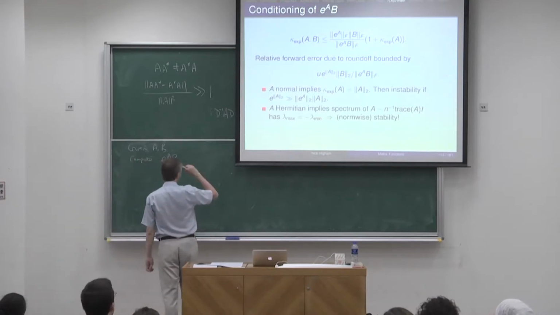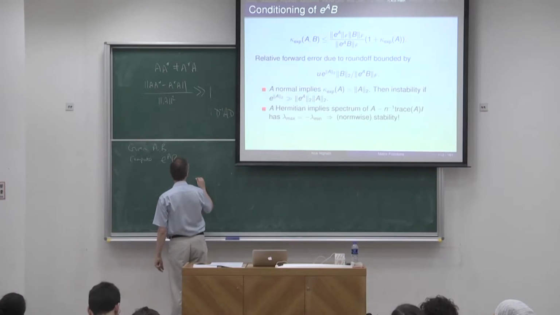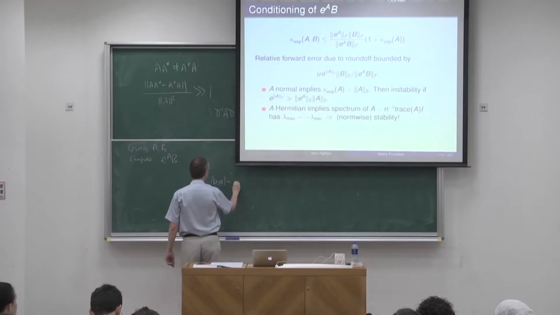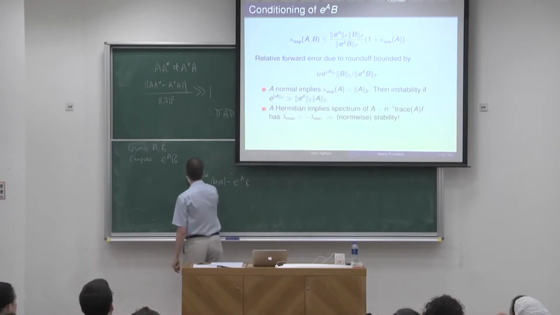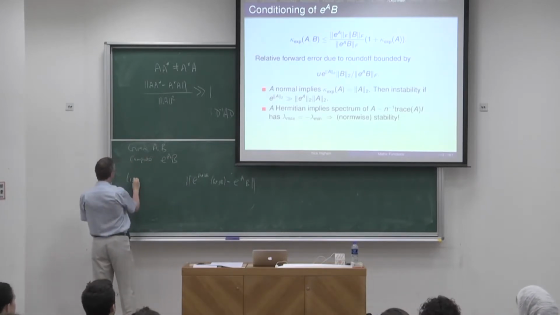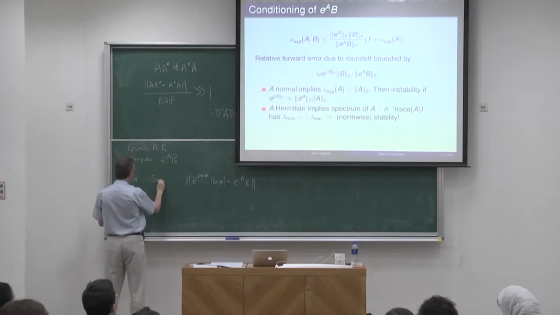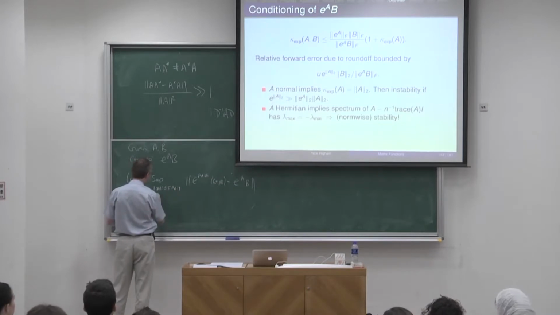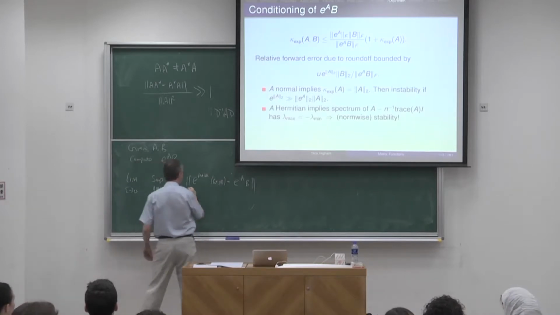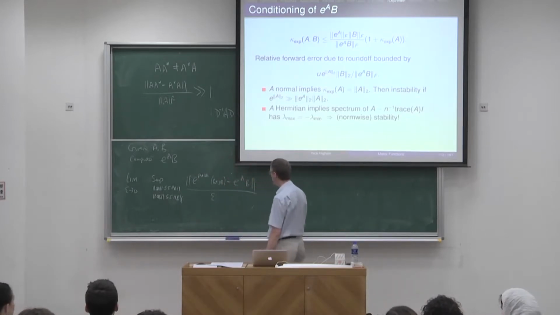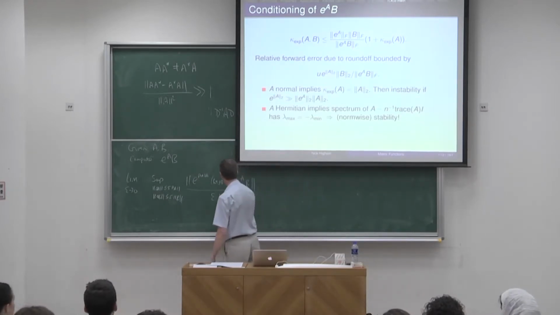I've not written it on the slide, but what I want to do is look at the norm of e to the (A plus delta A)(B plus delta B) minus e to the AB, and I want the limit as epsilon goes to 0 of the supremum over all delta A bounded by epsilon norm A, and all delta B bounded by epsilon norm B, of that over epsilon norm e to the AB, I think.